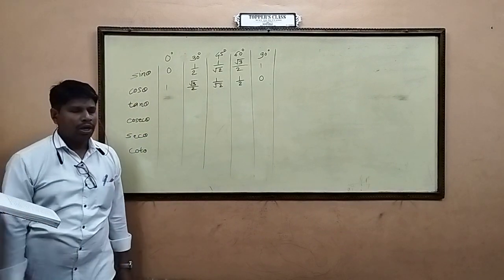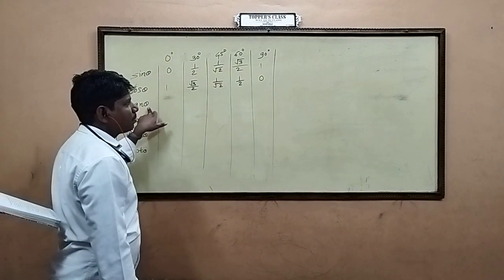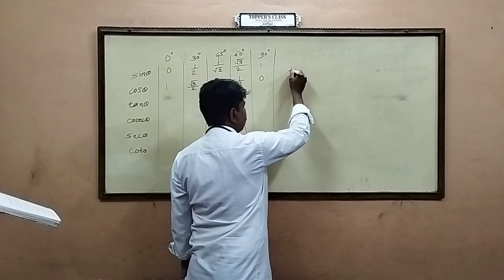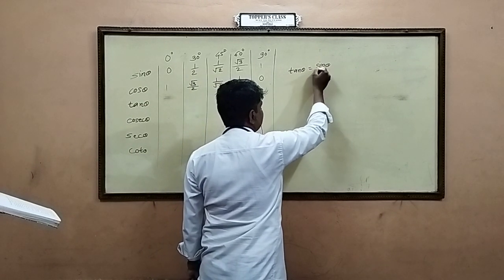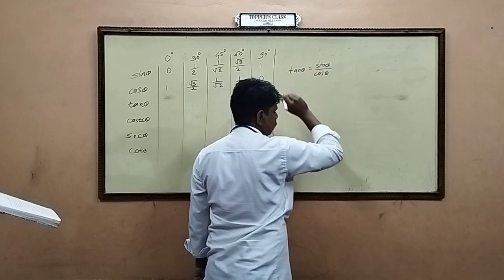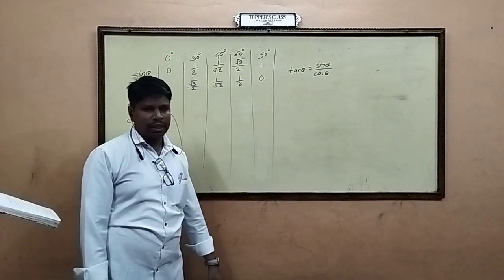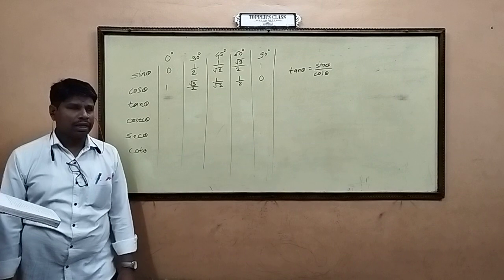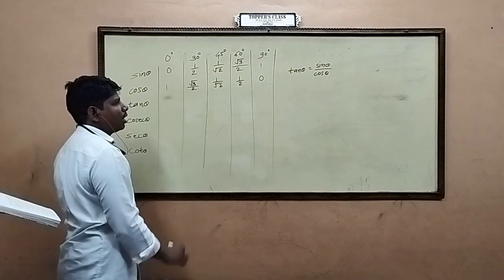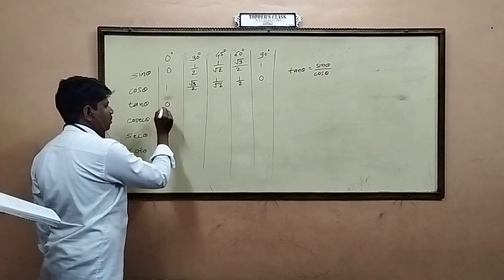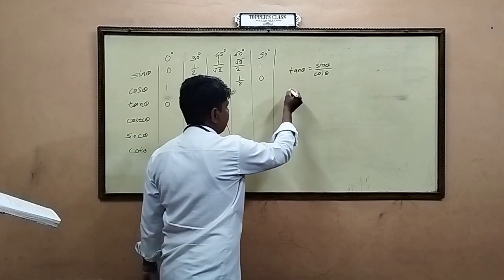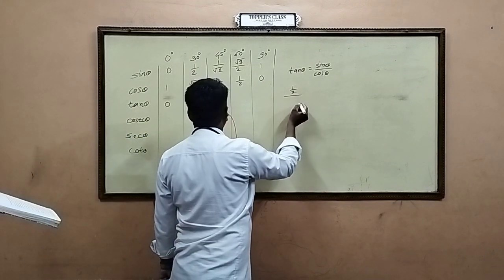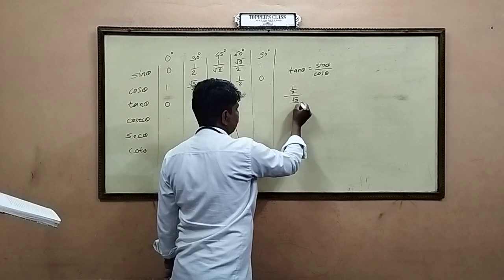Okay. Now, when we have to find the value of tan theta, we already learned that tan theta is equal to sin theta upon cos theta. We have to apply this formula here. When we take 0 upon 1, we get the answer 0. Now for 30 degrees, 1 upon 2 upon square root 3 upon 2.